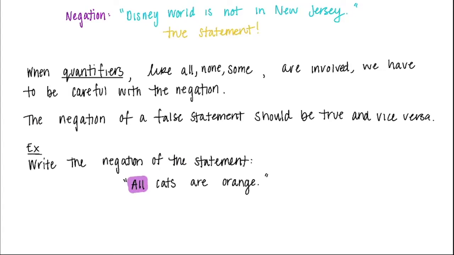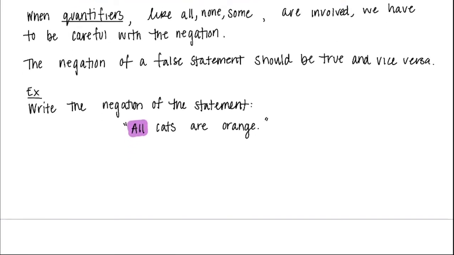There are cats that are plenty of different colors. We've got black cats, we've got white cats, we've got multicolored cats. So this is not a true statement. So off the get-go, this is a false statement. So its negation should be true.